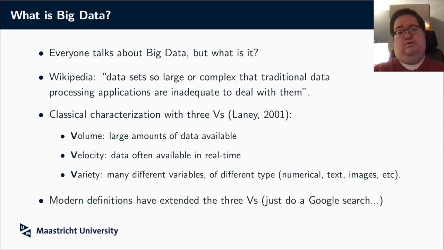So here we would have numerical data, but also text or images and so on. There are many extensions to the V's, so there are lots more V's added actually if you look at more recent definitions. If you want to have a look, do a Google search and you'll find lots of big data definitions.